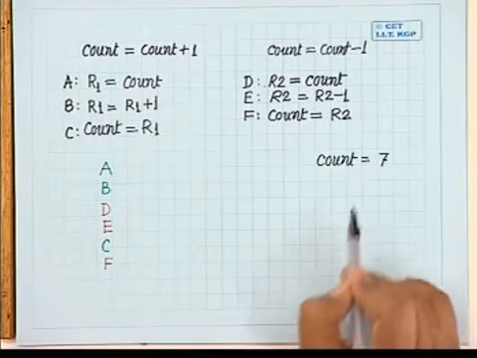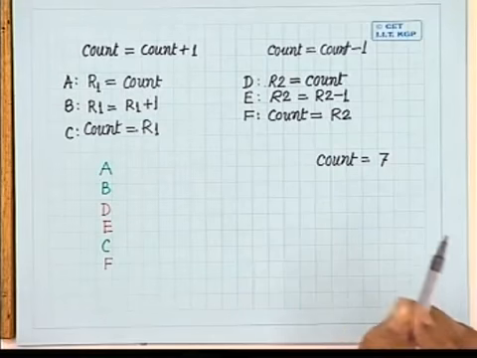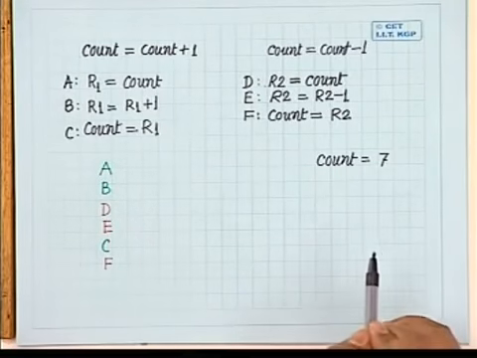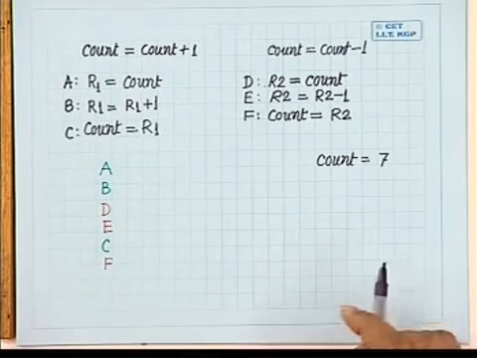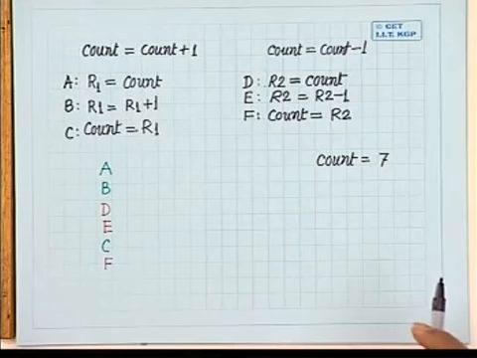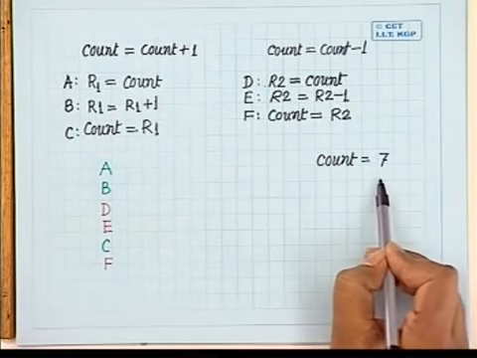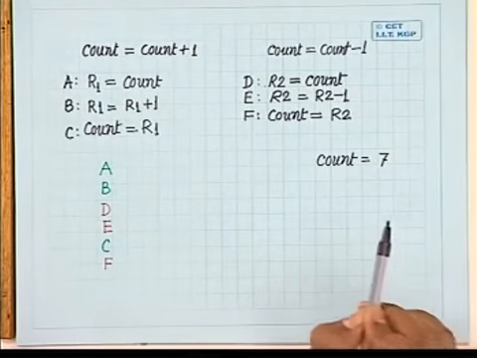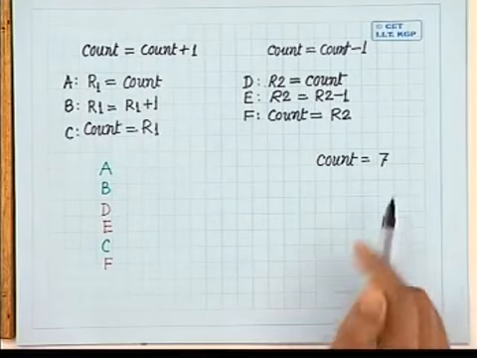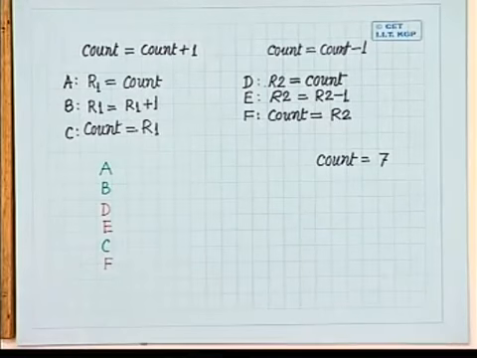So the value of count after the producer process puts an element into the buffer and the consumer process consumes an element from the buffer will remain 7. Because the producer process will increment to 8, and the consumer process will subsequently decrement to 7. Or maybe the consumer process first decrements to 6, then the producer process will increase it to 7. Okay, so the value of count after the producer process and the consumer process do their job should remain 7. But in this sequence, let us see what happens.